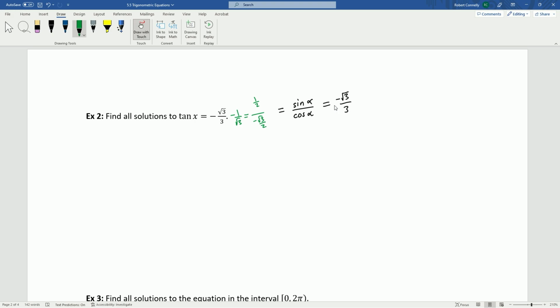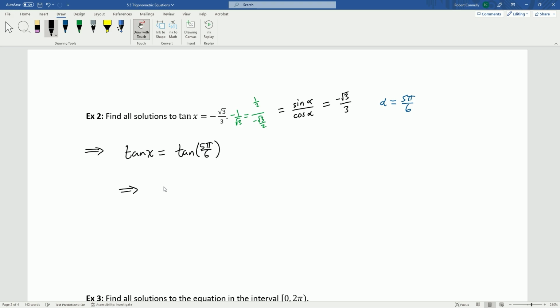So that tells me, oh, that's the angle. That's the one I need. So what is alpha then? Well, sine needs to be 1/2, and cosine needs to be negative root 3 over 2. So that would be the angle 5 pi over 6. So now I can rewrite my equation as tangent of x equals tangent of 5 pi over 6.